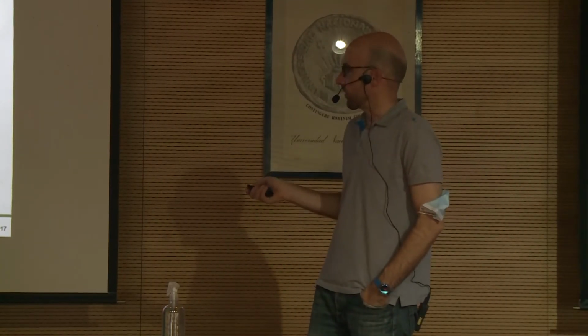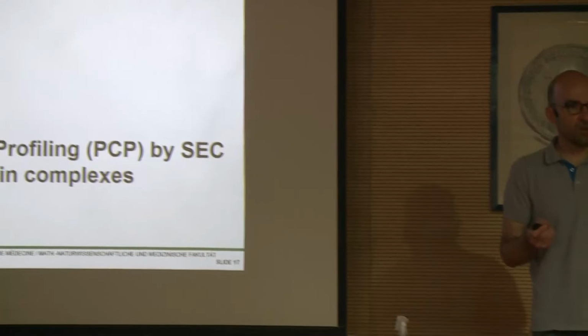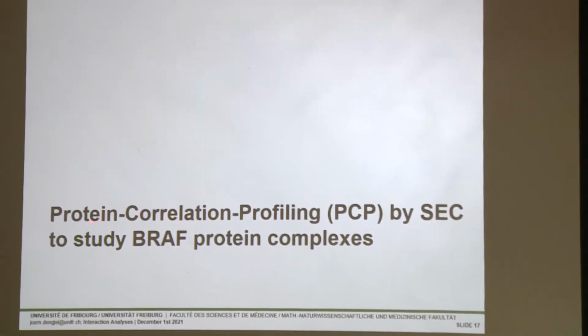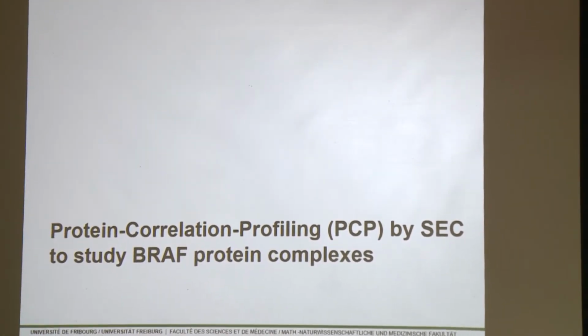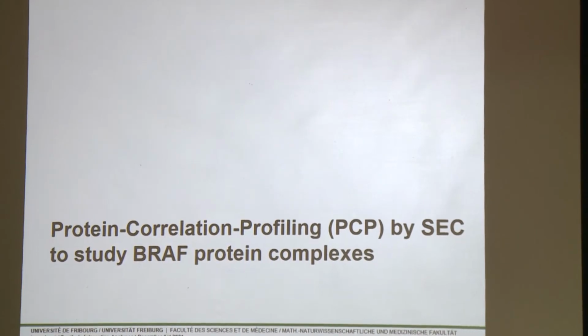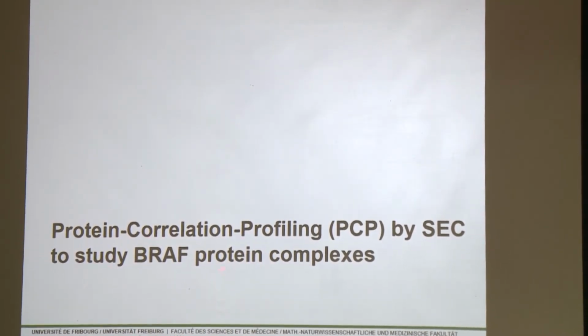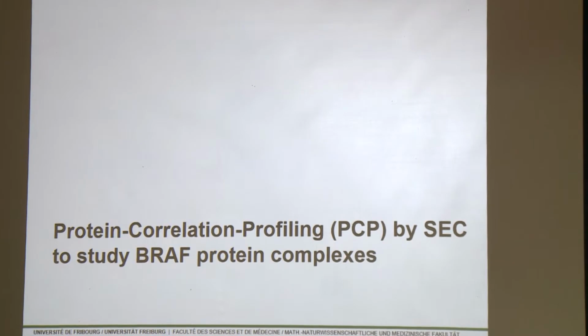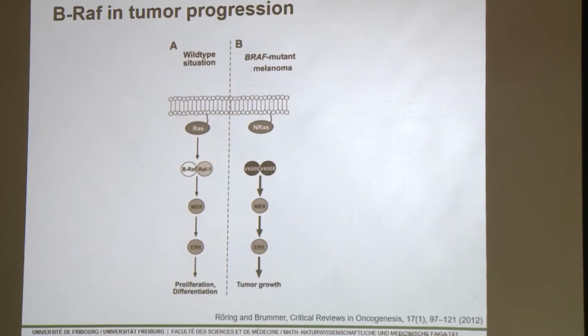If you want to study protein complexes, you can do exactly the same, but you don't use fractionation, you use size exclusion chromatography. Here, as an example, we studied BRAF protein complexes. BRAF is the most frequently mutated kinase in human cancer. It's a part of the MAP kinase signaling, right? And we were wondering what the interaction partners of BRAF are, and we used this size exclusion chromatography.